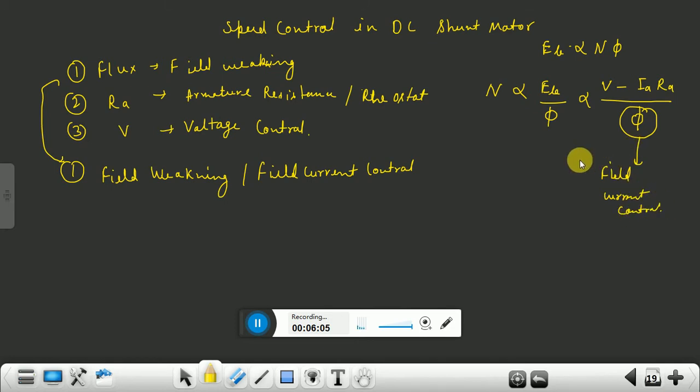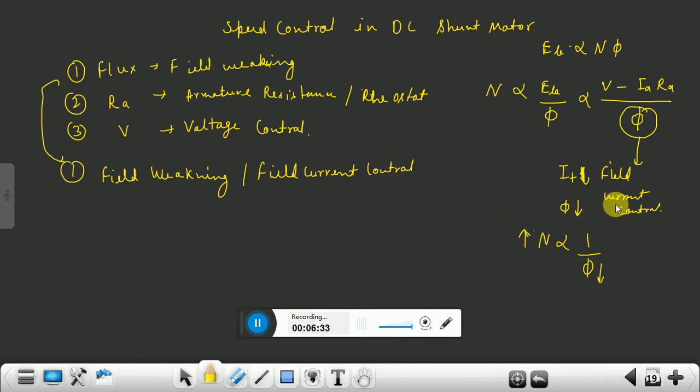Okay, so in this case we decrease the value of IF. If IF decreases, phi decreases, and since N is inversely proportional to phi, phi decreases means N increases.